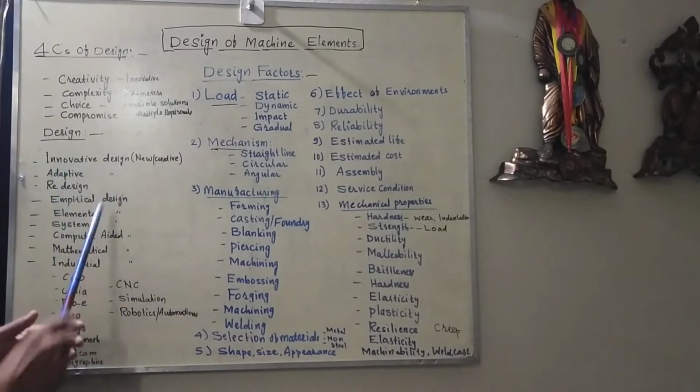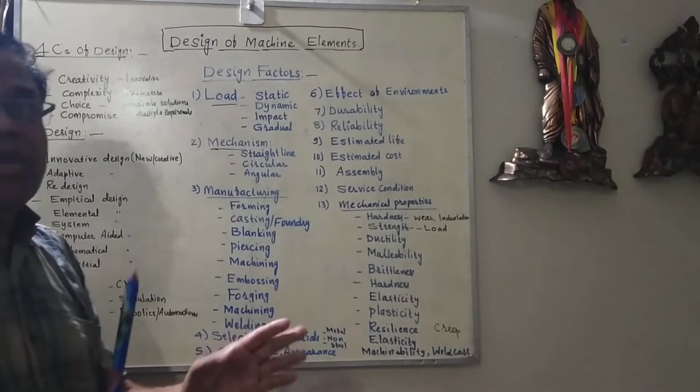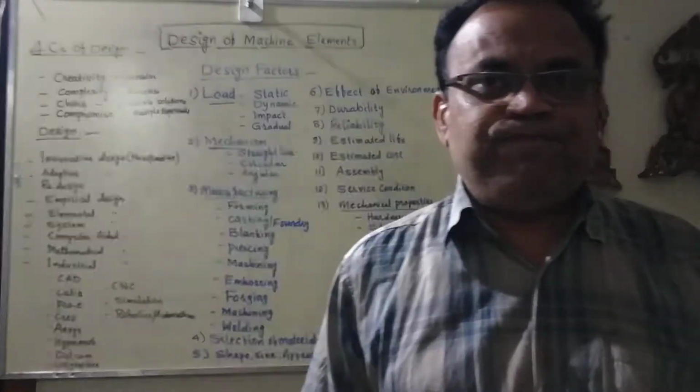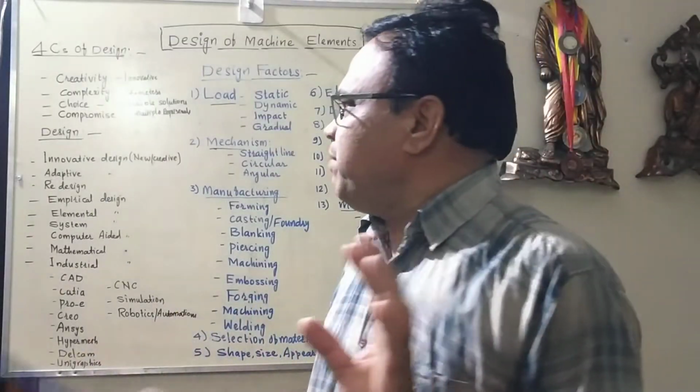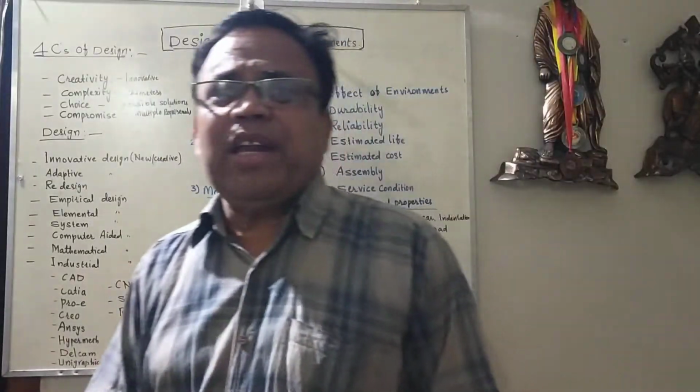One is innovative design. Innovative means new, never existing previously, so new or creative. Whereas adaptive design means something is already available and you adapt it by redesigning some components. For example, Maruti 800 was converted into Maruti Alto.